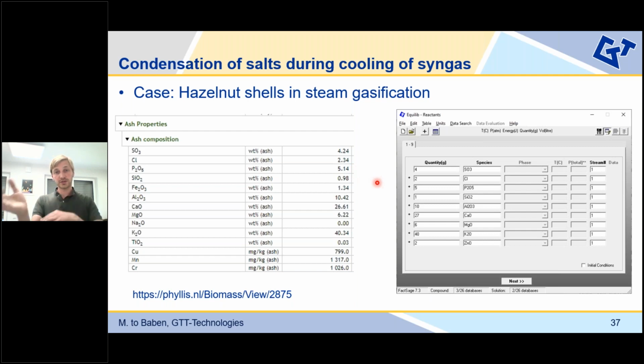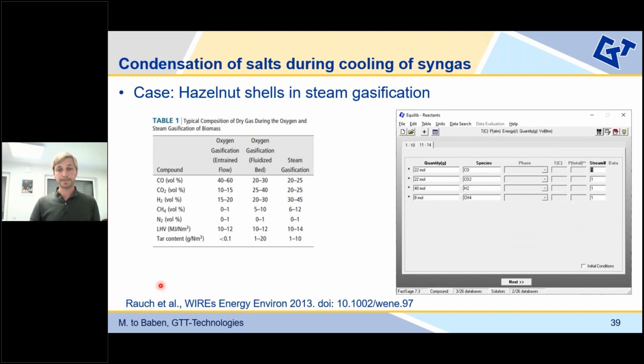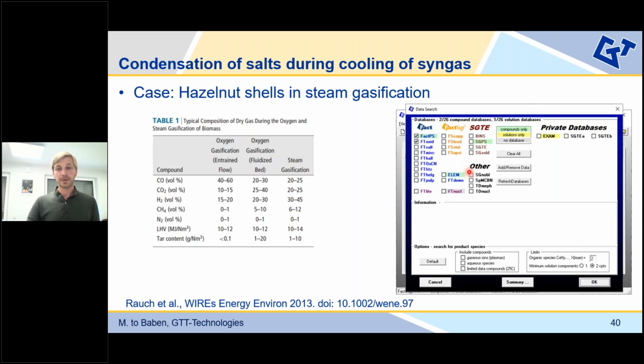Okay, so we just insert this into EquiPhase, and then we add a steam gasification atmosphere, which I took from this paper by Rauch et al. And these are the other reactants.